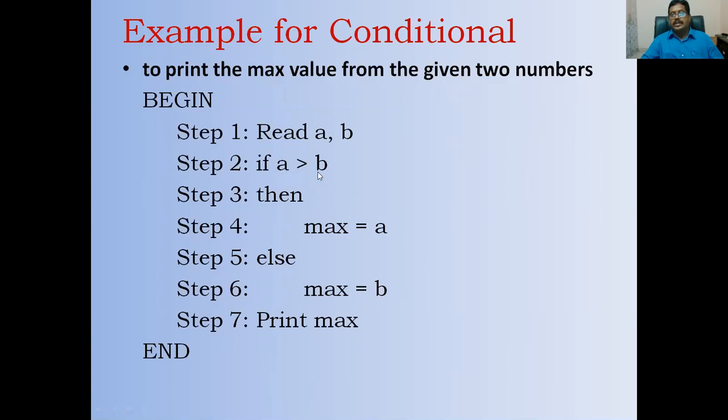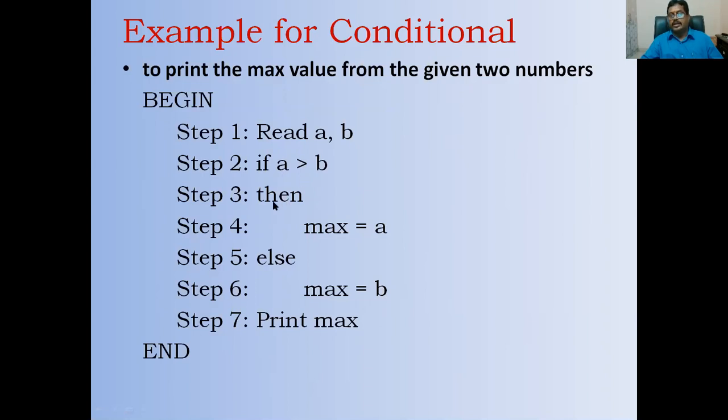If this condition becomes false, meaning A is not greater than B, then it goes to step 6, and the maximum value holds B. You can also convert this condition the reverse way, like if B is greater than A or A is less than B, whichever is comfortable for you.